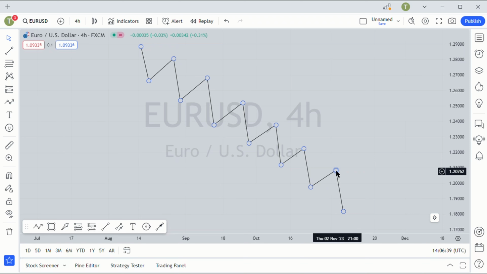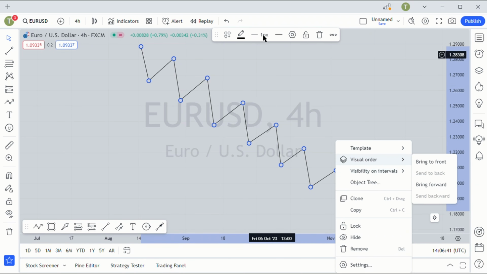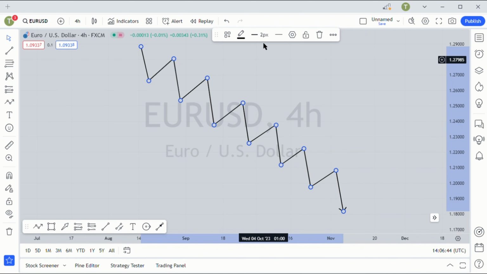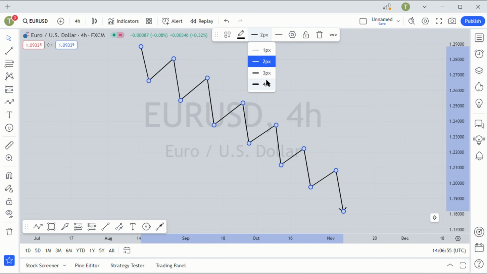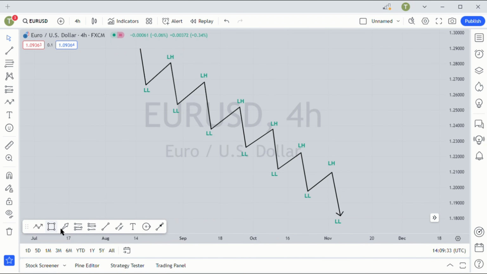In lower lows, each time price reaches a new low, it's lower than the previous low. In lower highs, each time price rises, it's still lower than the last rise. So that is the key concept of what a downtrend is.